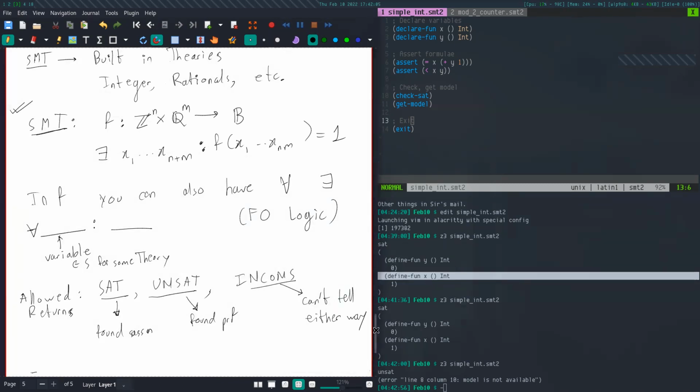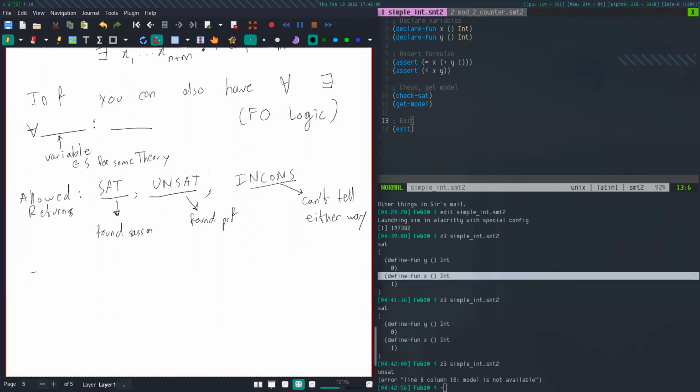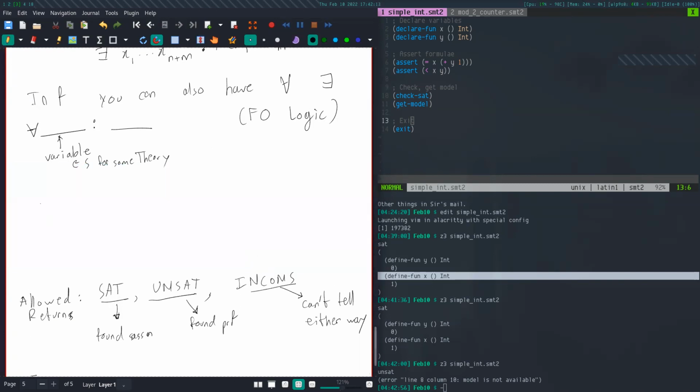Your SAT solver can tell you sat, unsat, or inconclusive. In some sense, your formula F is going to have variables in Q, or Booleans, and you're allowed operations on them: plus, minus, star, Boolean operations, greater than, less than, equal to, and so on.